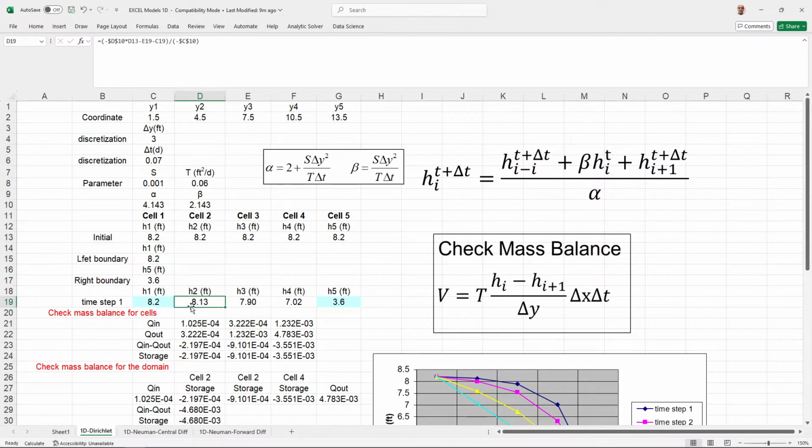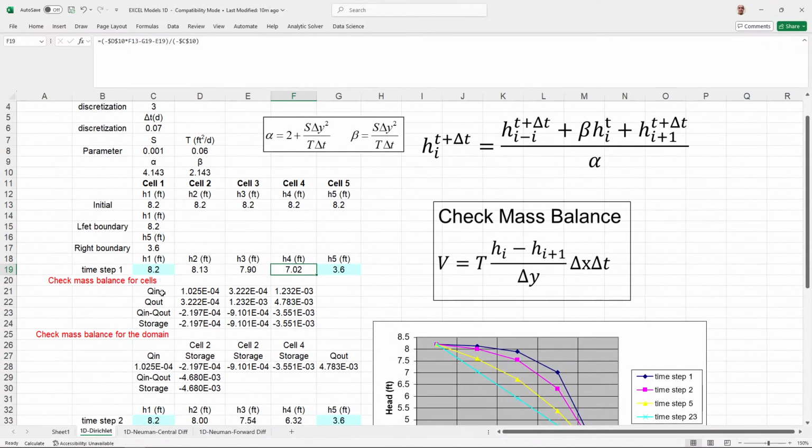So this guy would be equal to this guy plus this guy times beta plus this guy divided by alpha, then you will have this value here. And then this value would be equal to what? It would be equal to this value plus this value plus this value times beta divided by alpha, and so on. And then you get these values.